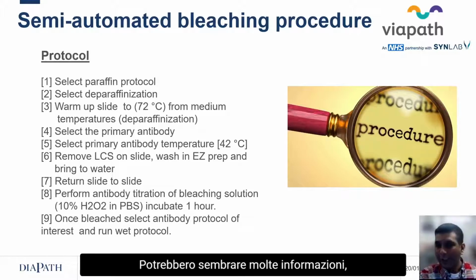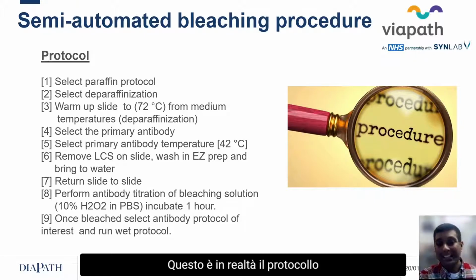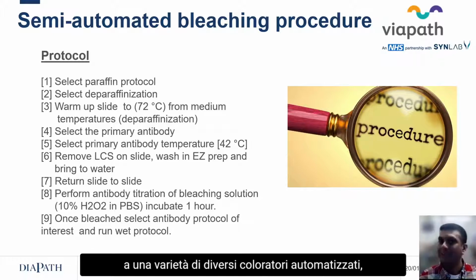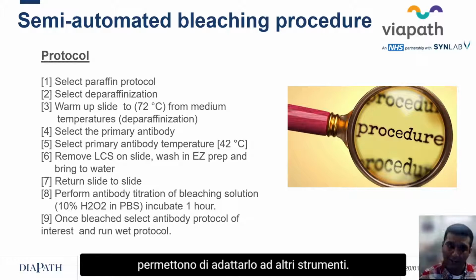This may look like there's a lot of information, but I'll try and summarize it to the best of my knowledge. So this is actually the protocol that we were able to optimize. This protocol can be adapted to a variety of different automated platforms, but there are only certain key things that we followed that will allow you to adapt it to other platforms.